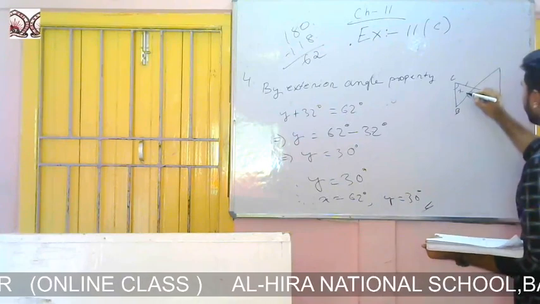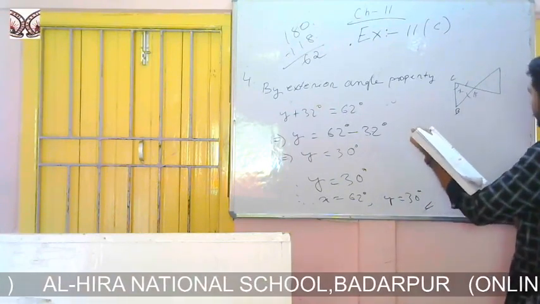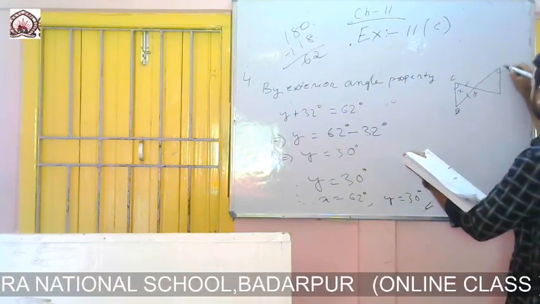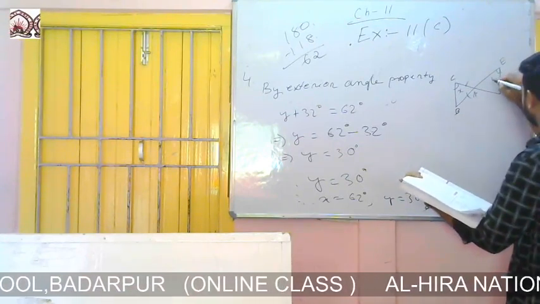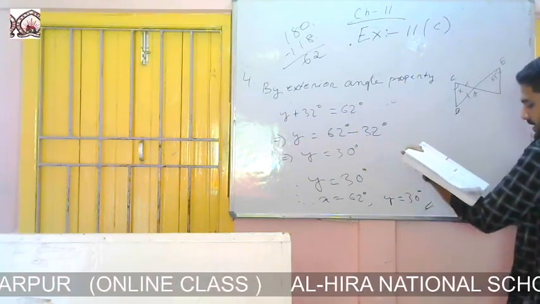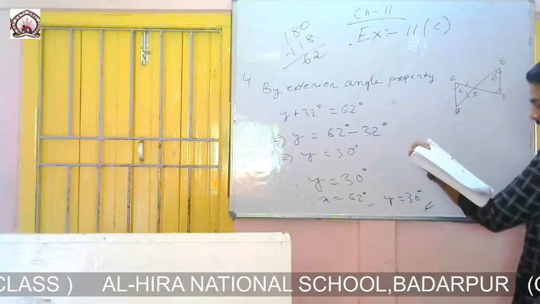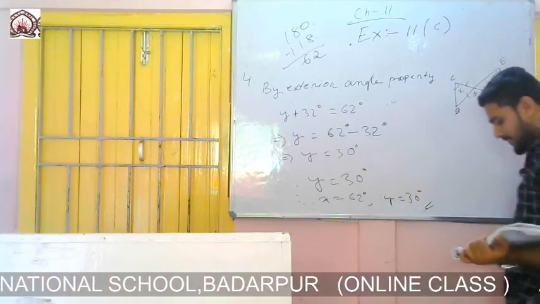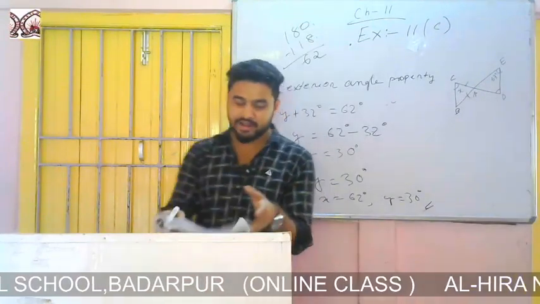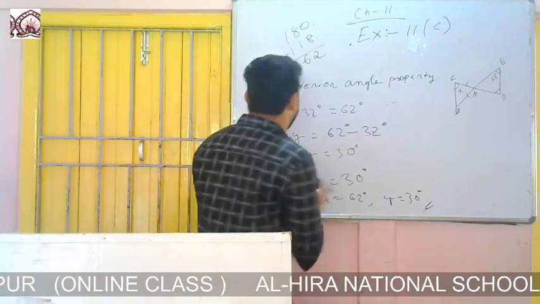These two sides are equal, and this is the point of intersection, and the measure of this angle is 63 degree, and D, that is D. Now we have to find angle X.